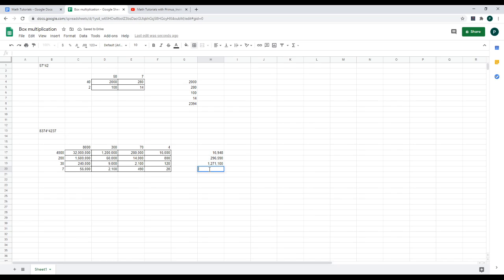And the total in the last column is 33 million. Let me quickly try to calculate this out. 906,000.